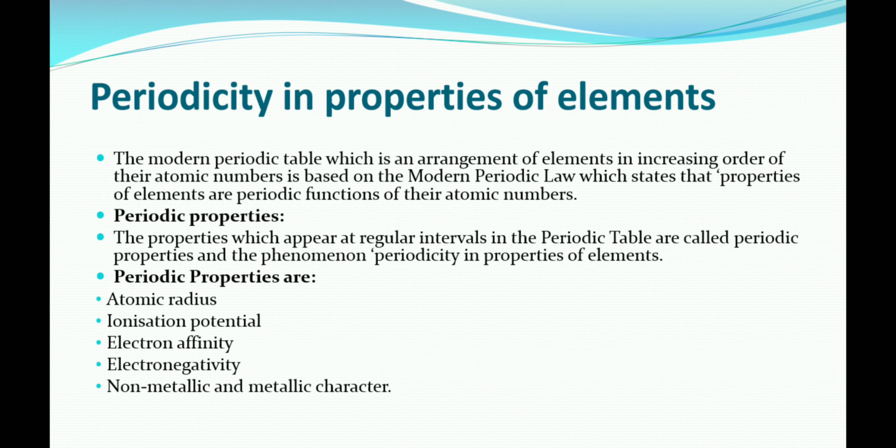The periodic properties: the properties which appear at regular intervals in the periodic table are called periodic properties, and the phenomenon is known as periodicity in properties of the elements. My dear students, the periodic properties are atomic radius, ionization potential, electron affinity, electronegativity, and non-metallic and metallic character.